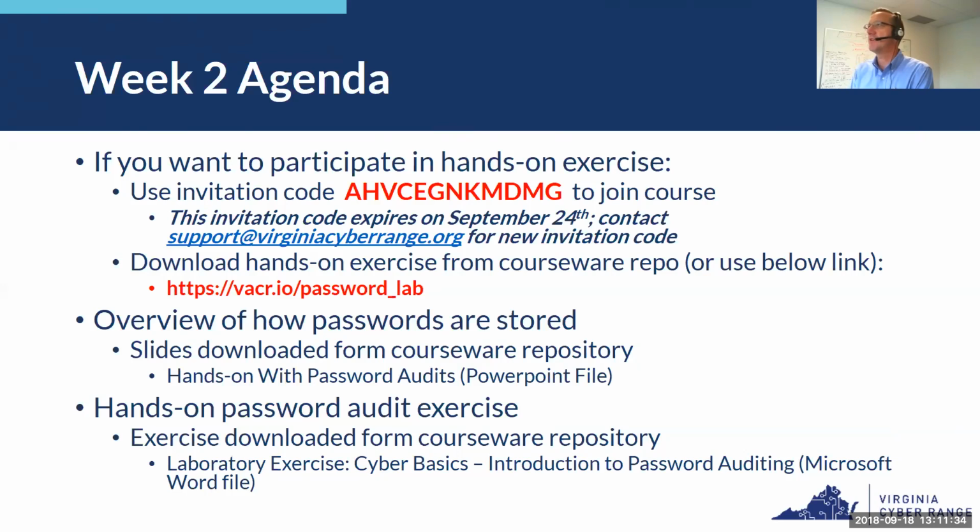Another context we do this in is if we know that a system was compromised on campus, we will try to determine how the system was compromised, and one way to do that is to try to discover which accounts have bad passwords. So we can take the system, download the account information, analyze the username password combinations, and determine who has the worst passwords.